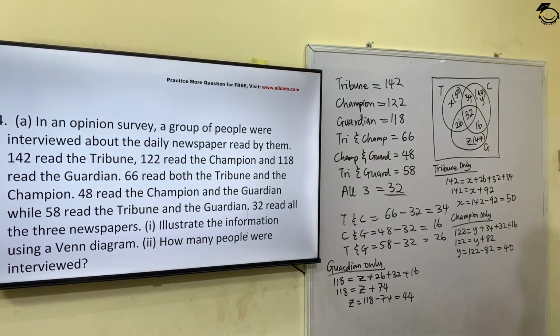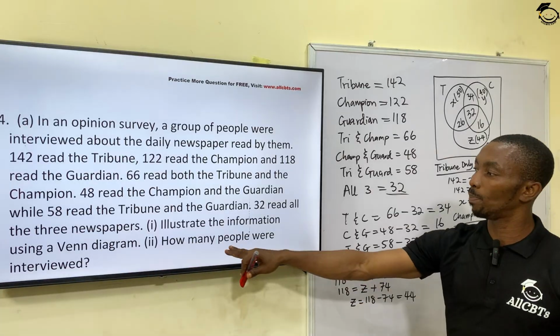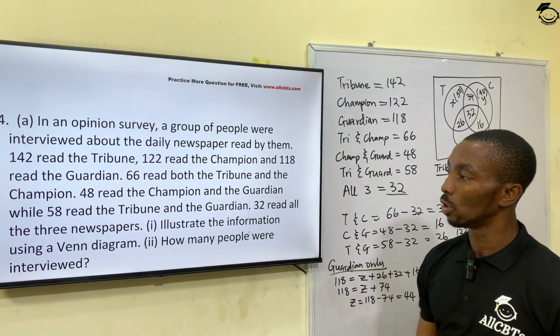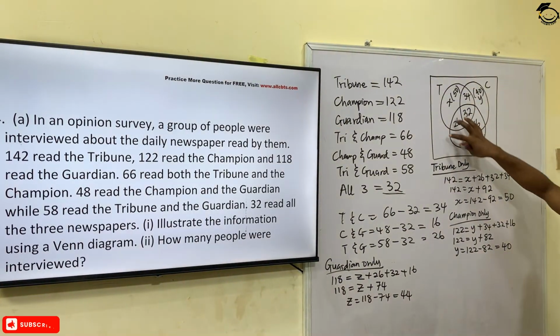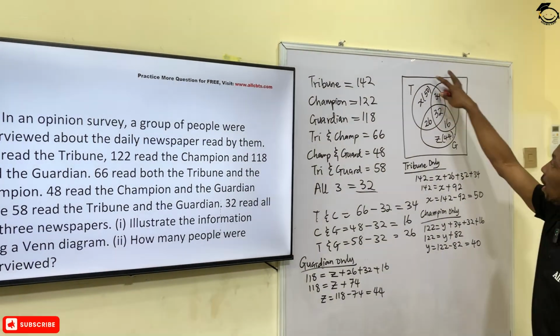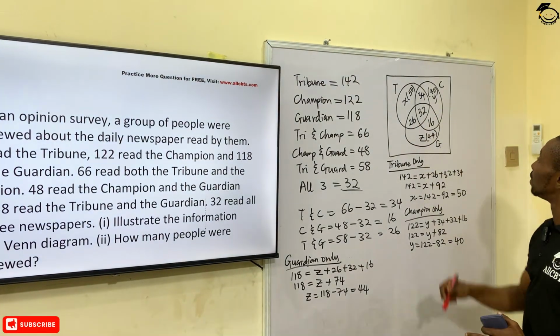Now, next, our question says, how many people were interviewed? Now, for us to know how many people were interviewed, we are going to sum up all the numbers we have in our Venn diagram.